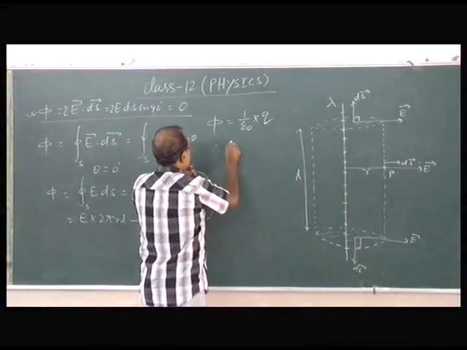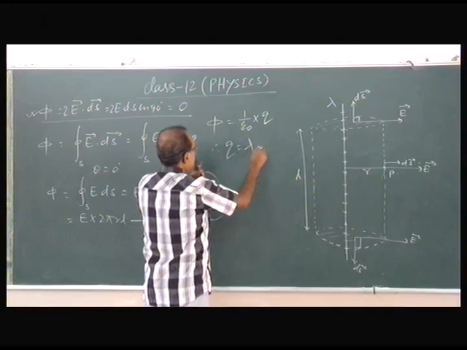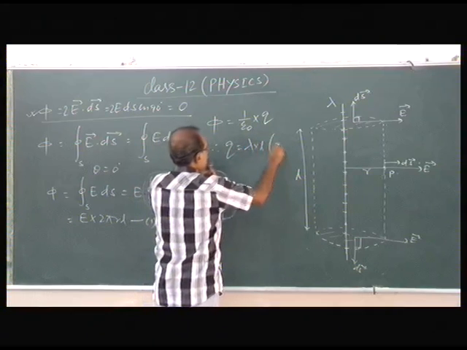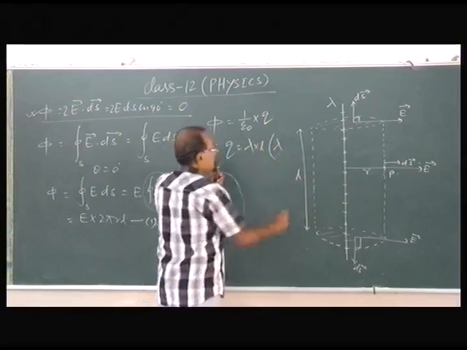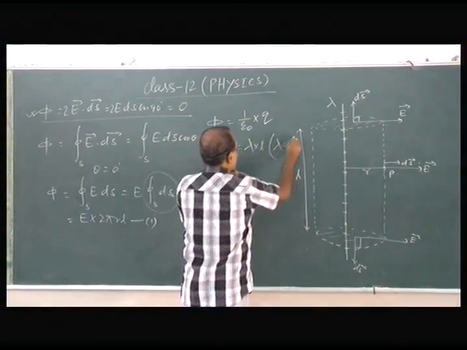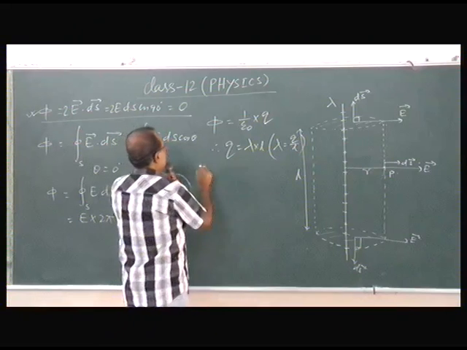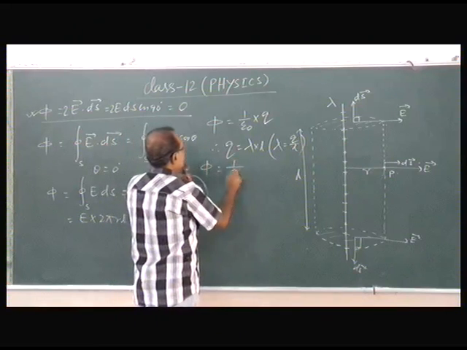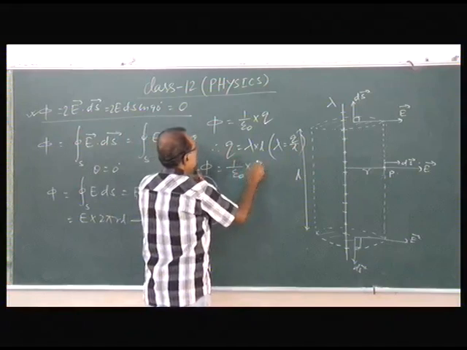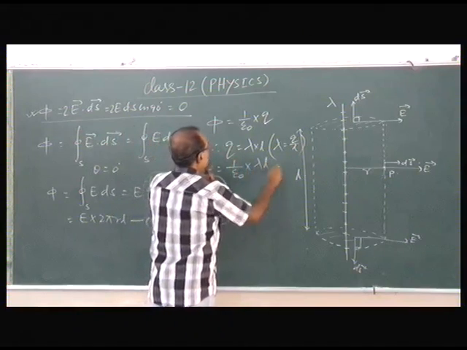The total charge Q equals lambda into L, because lambda is the linear charge density, lambda equals Q by L. So phi is equal to 1 by epsilon naught into lambda into L. This is equation number 2.